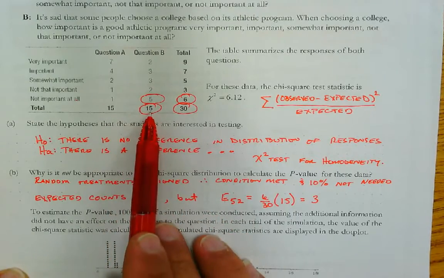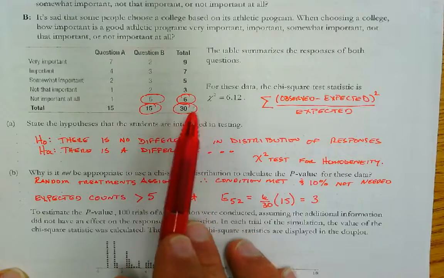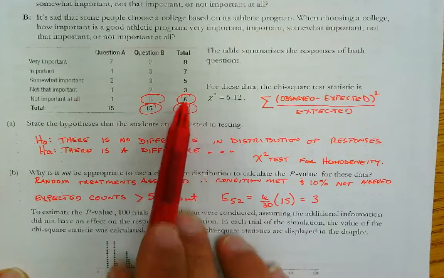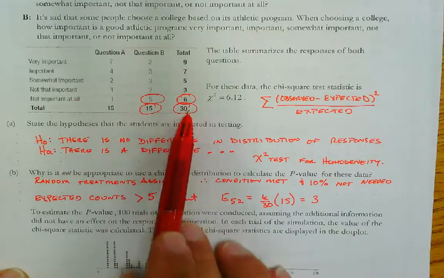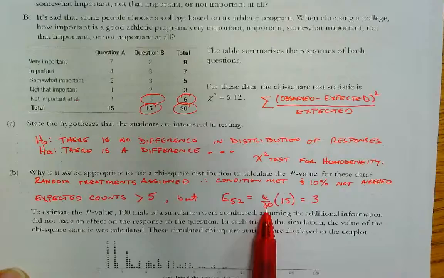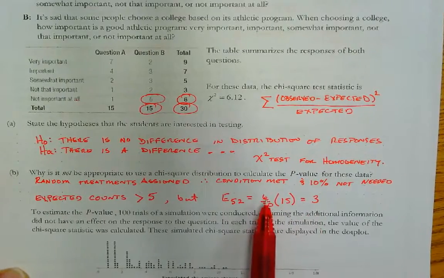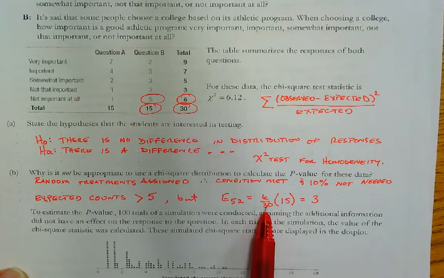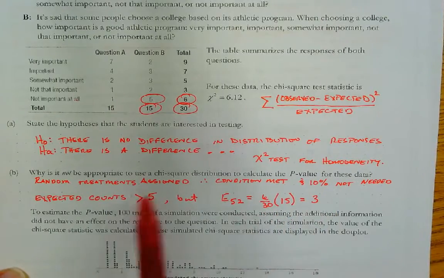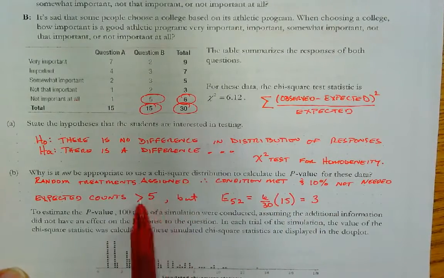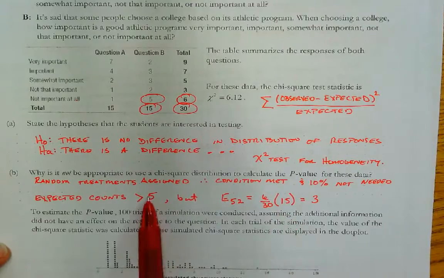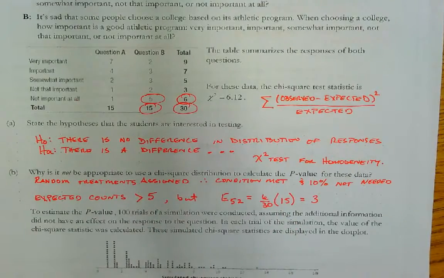There were 15 total that answered question B, and the percentage of them responding not important at all was 6 out of 30, so that would be 6 out of 30 times 15, which is equal to 3. But of course, the shorthand is row total times column total, divided by total. And that's 3. So our expected counts are not all above 5. That's why it would not be appropriate.